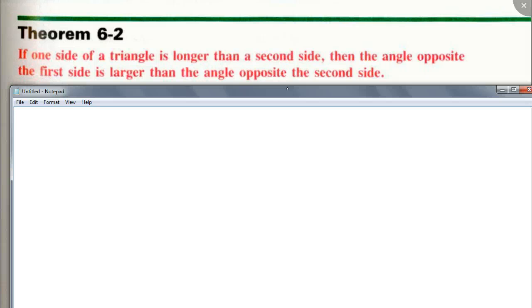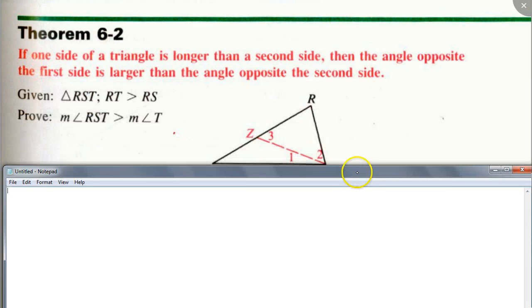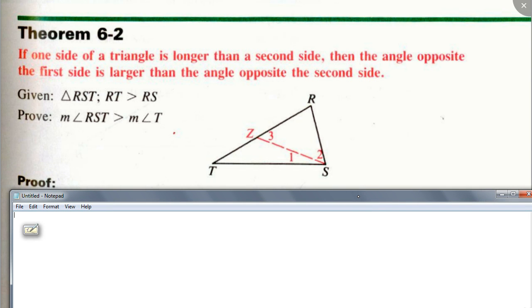Larger than the angle opposite of the second side, because the first side was longer than the second side, wasn't it? And here's a picture. If you have a triangle RST and RT is longer than RS, that means the measure of angle RST is going to be greater than the measure of angle T.